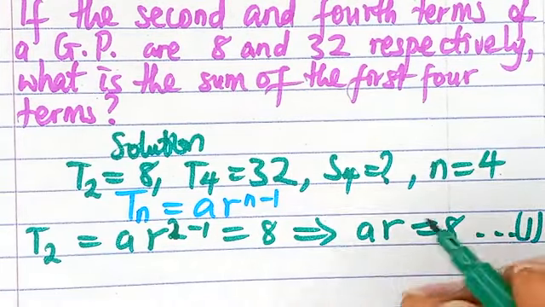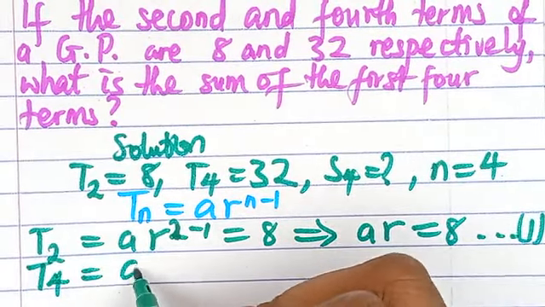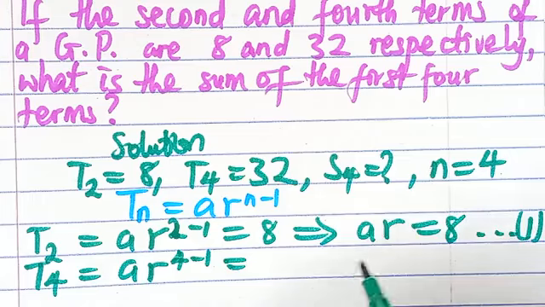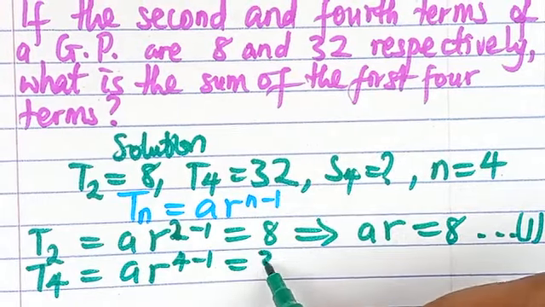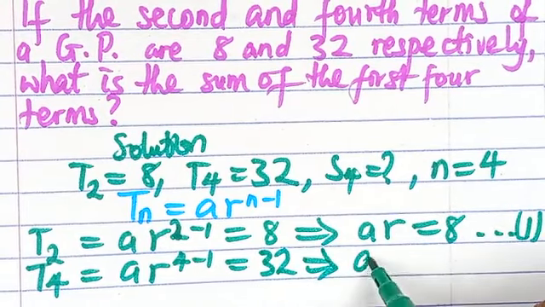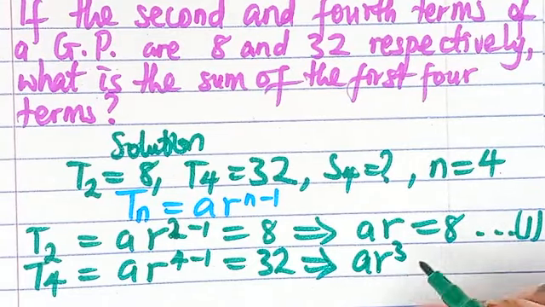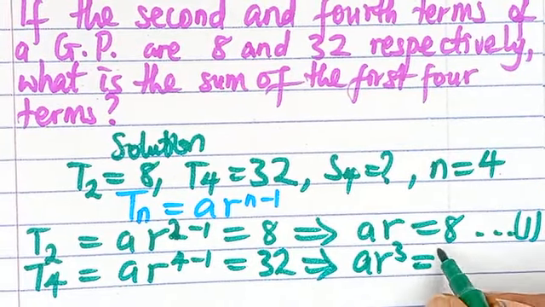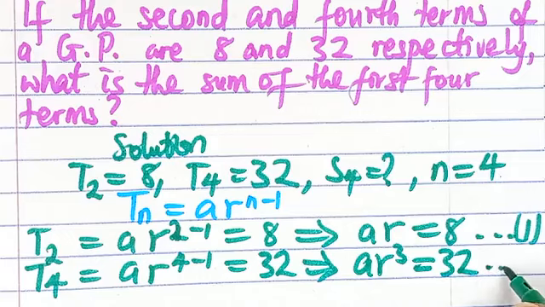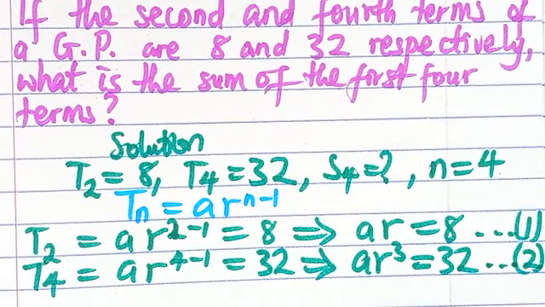It gets easier. So term number 4 is equal to a r to the power 4 minus 1, and remember the fourth term is 32. So we can get it just in this form. a r to the power 4 minus 1 is 3. a r raised to power 3 is equal to 32. So that is the equation from the fourth term. So we call this equation 2.